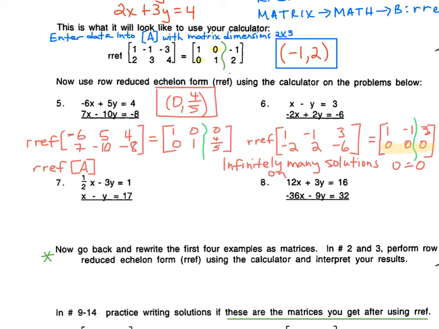We can either use the top equation up here, the bottom equation, or we can even interpret this right here. All right, and that means 1x minus 1y equals 3. In this case, it's this equation right up here. But we can use that to interpret it. So x minus y is equal to 3. That's going to be my final answer.